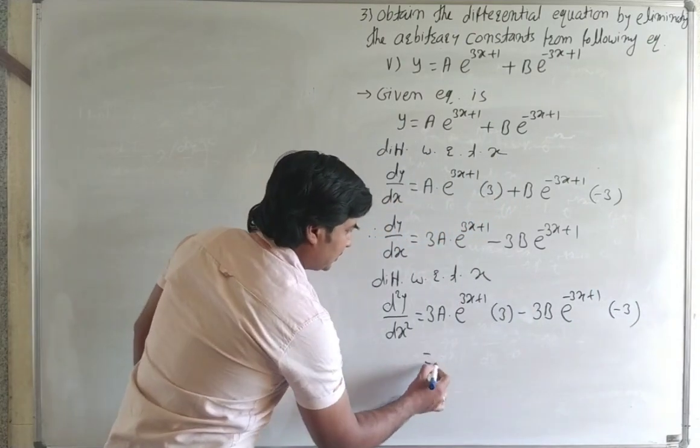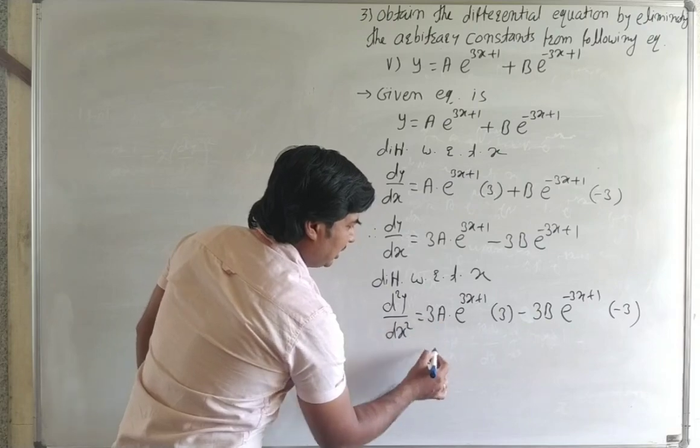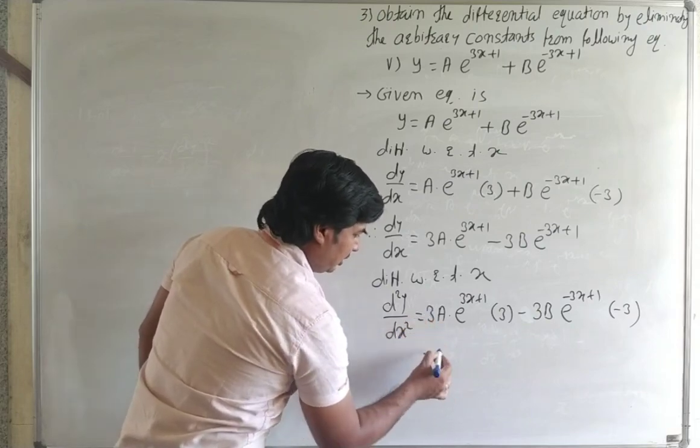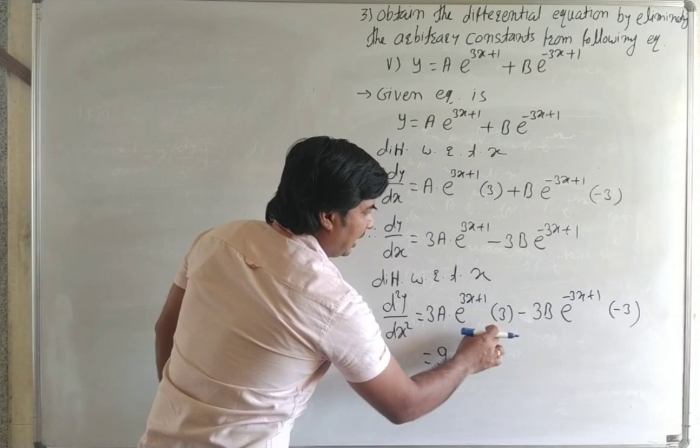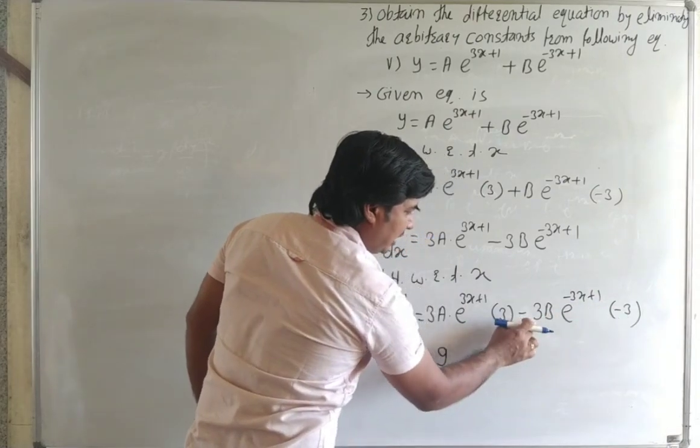And now here 3 into 3 is 9. See carefully, we take this 9, and again here minus 3 into minus 3 is 9.